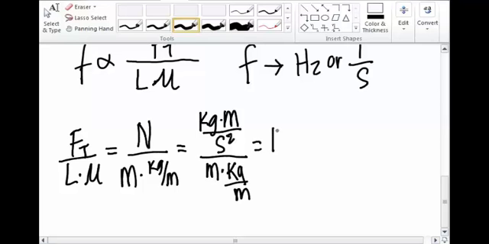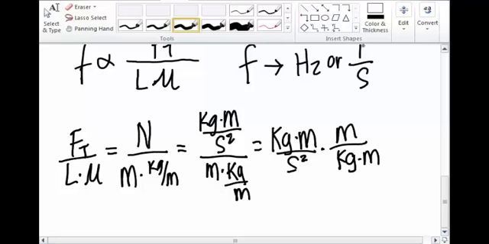So if we make that a little prettier, we get something that looks like this. But I can cancel out our kilograms here. So then we're left with meters squared over meters times second squared.